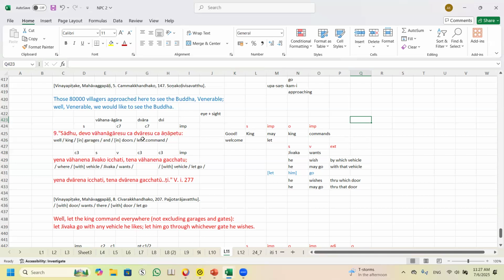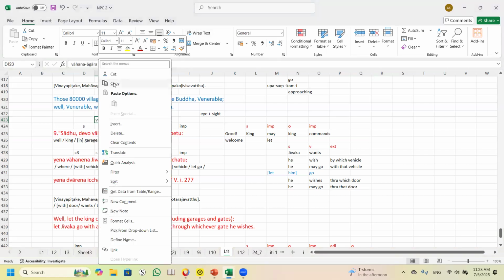Now you see here, this is locative, and this is locative. So this is indoor, and then in this one, can you see this word, Vahana? I think it's a bit complicated.